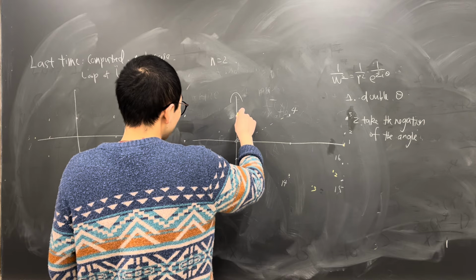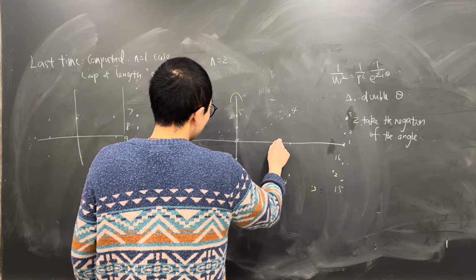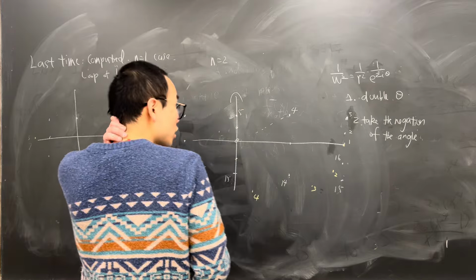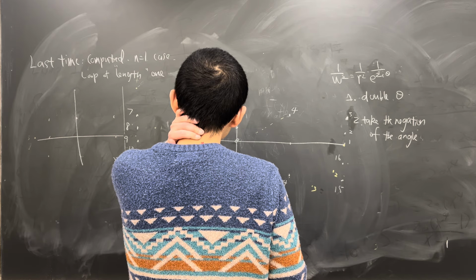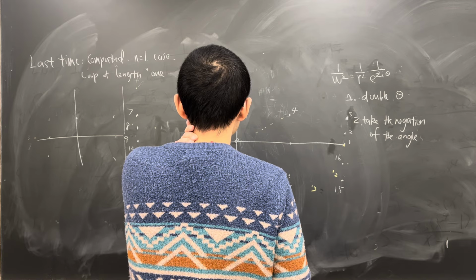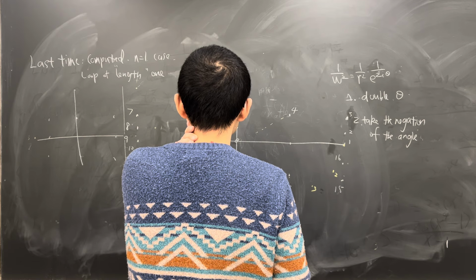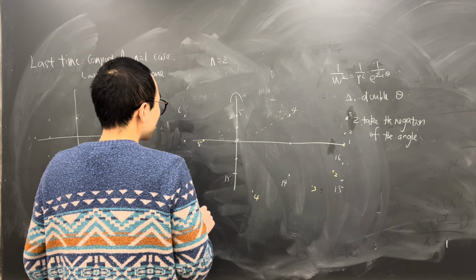And then 5. Wait. So with 5, you do a negation. You get the same thing, right? So you don't change anything.